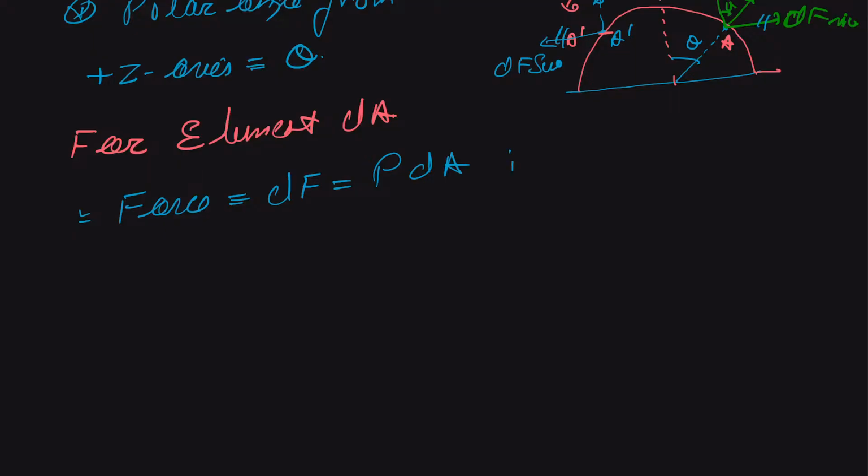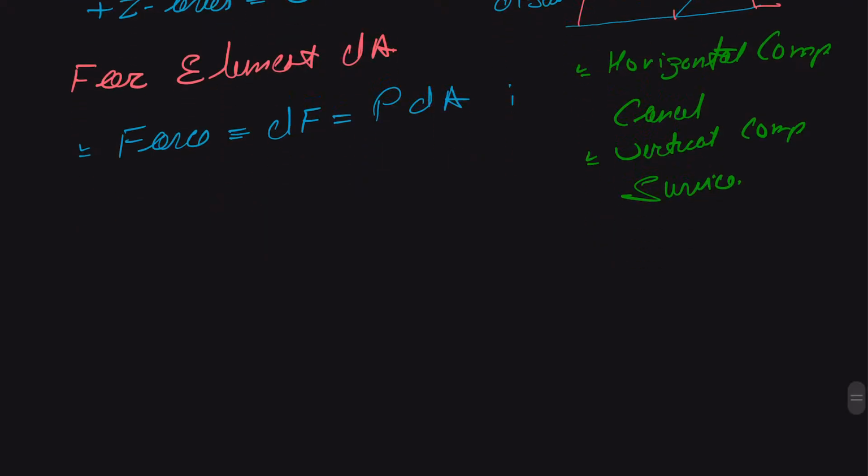So we can say that the horizontal component cancels, and only the vertical component survives, that is, in the z axis.